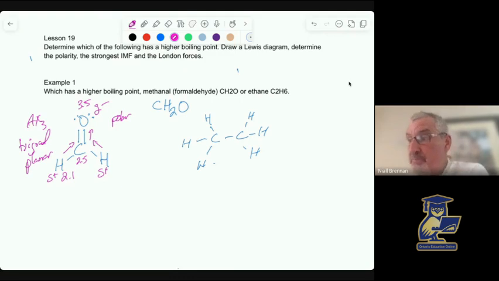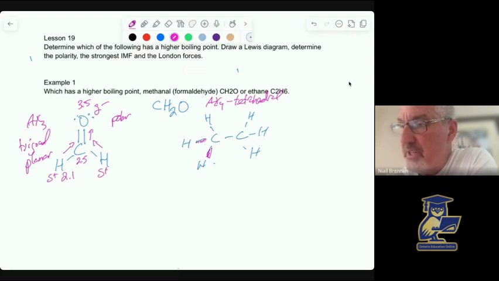Now, both of those carbons in ethane are AX4, which makes them tetrahedral, with a bond angle of 109.5. So these are not flat. This one is coming towards us and this one is receding away from us, and same thing here.